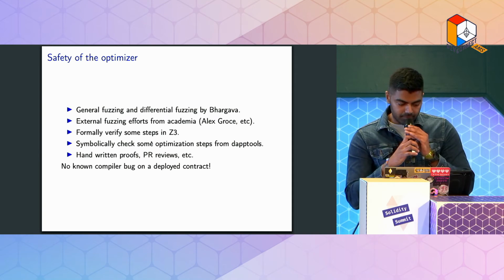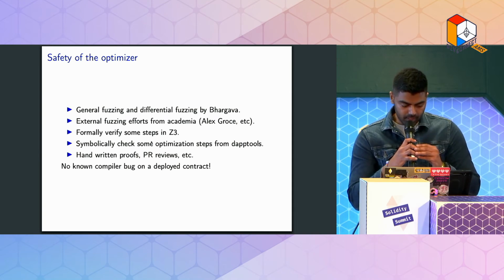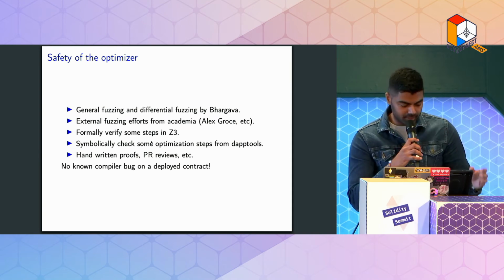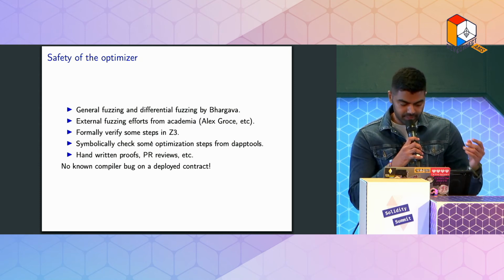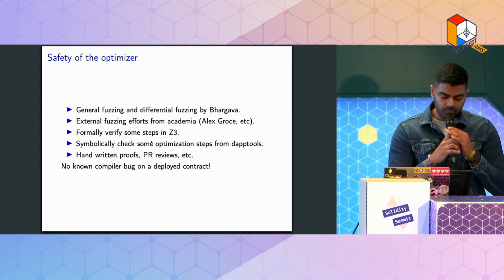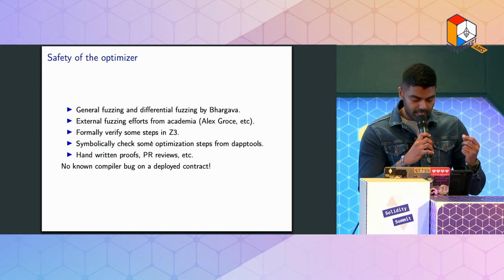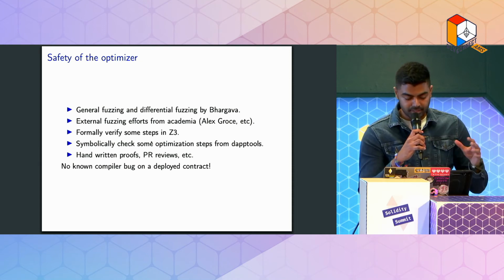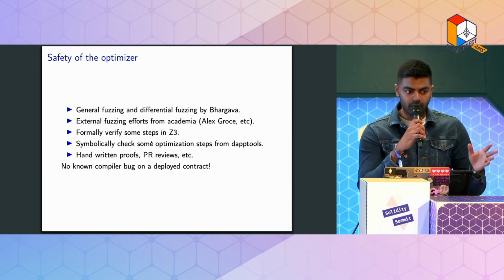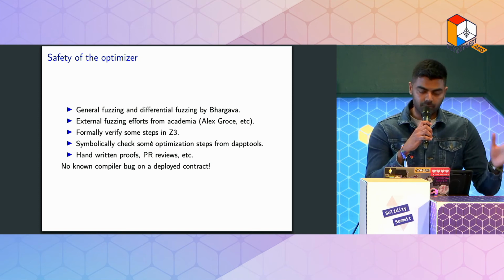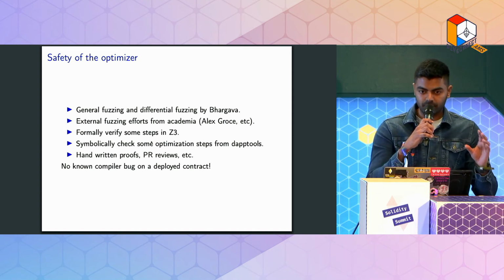And other than that, we generally fuzz the compiler very well. There are a couple of interesting aspects here. The first aspect is that we built a lot of assertions in the code generation step, as well as the optimizer. These assertions stay in the compiler, so even if you are compiling in a release mode compiler, these assertions would still be there.